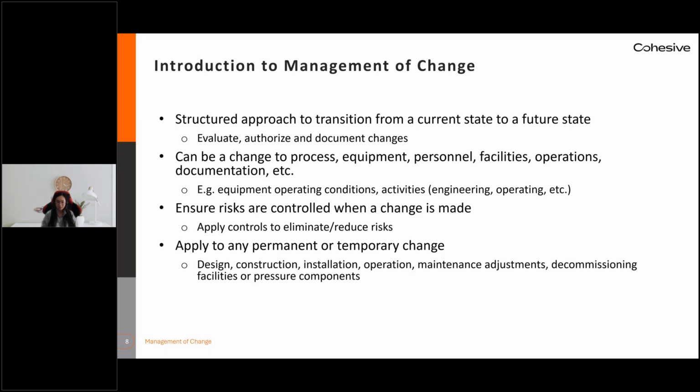For example, your pressure, your temperature, your flow rate, any adjustments to your critical activities, personnel changes, or even shifts in the organizational structure. Based on the examples above, you can see that the scope extends beyond equipment changes. It can literally affect anything.